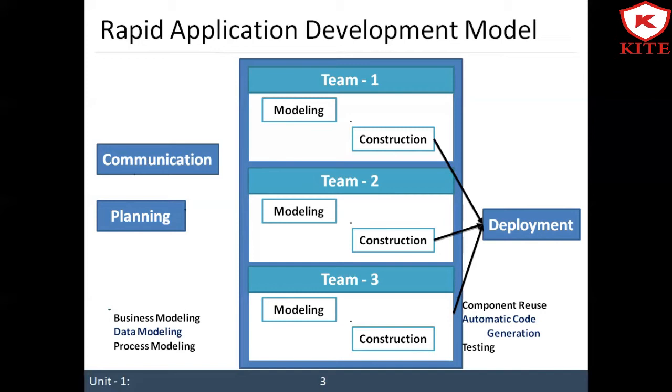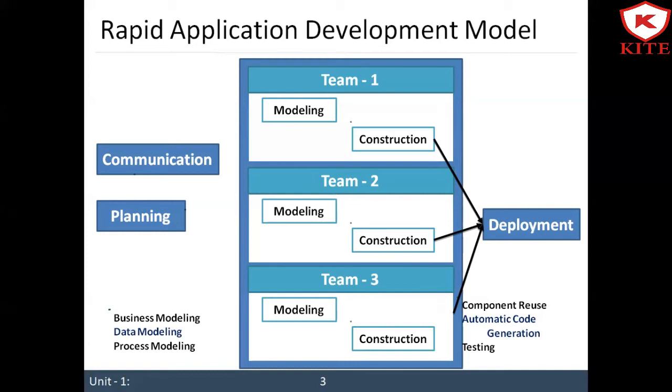Third one is modeling, also known as designing. There are many types of diagrams involved in designing. The next is construction, also known as development activities. And the last one is deployment, meaning installation in the customer's computer. So there are five types of activities involved in the rapid application development model.